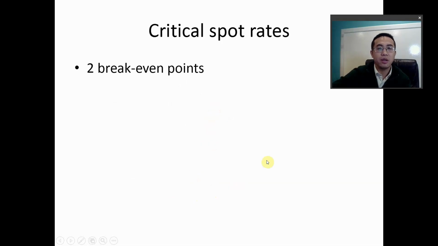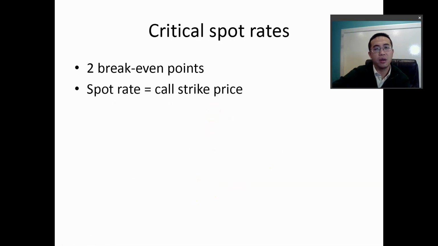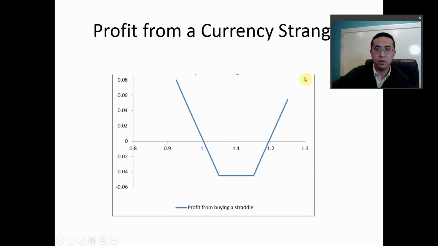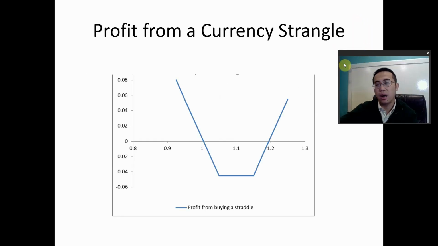You have several critical points. One group is the break-even points, and the other critical points are the call strike and the put strike, which make the option at the money.